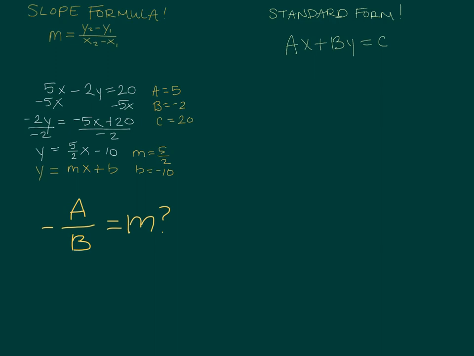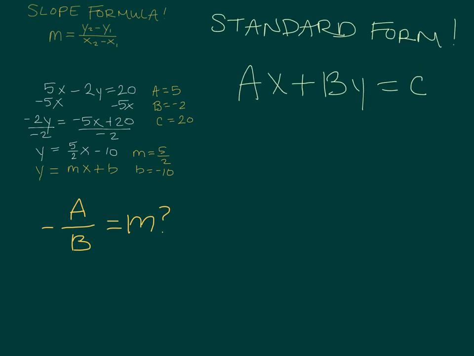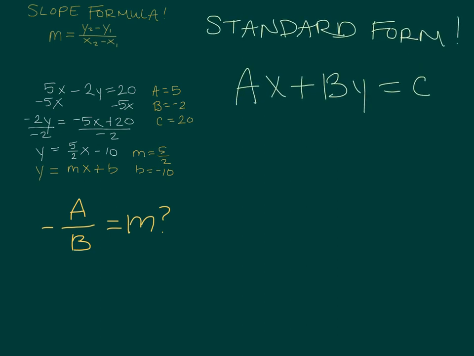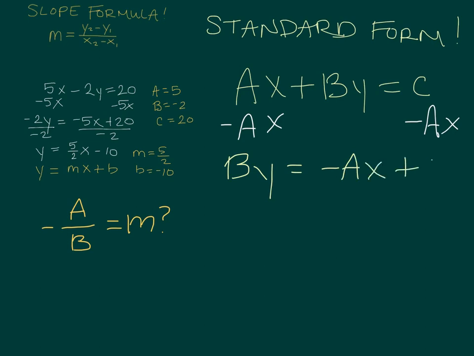I'm going to first make it just a little bit bigger so my handwriting is easier to read. And then I'm going to subtract ax from both sides, which matches the move that I made right here. So then I'm going to have by equals negative ax plus c.